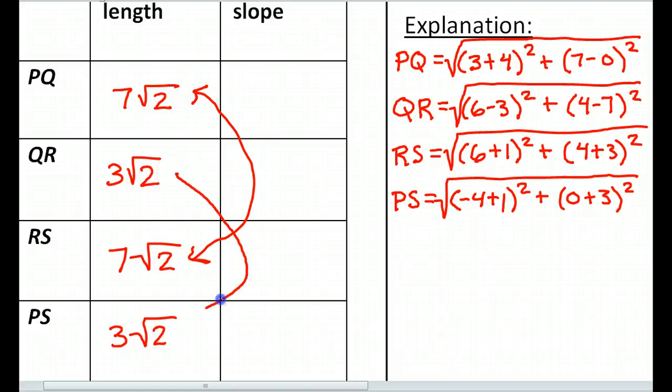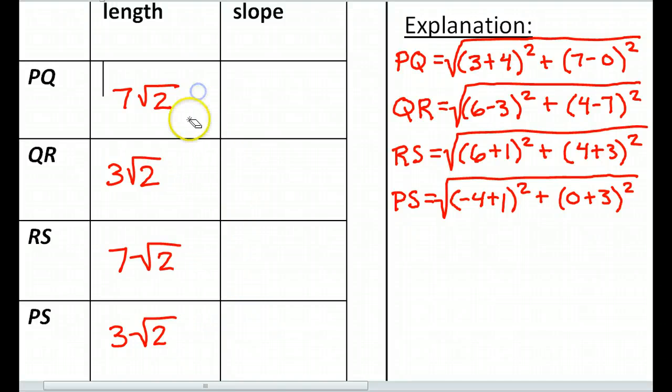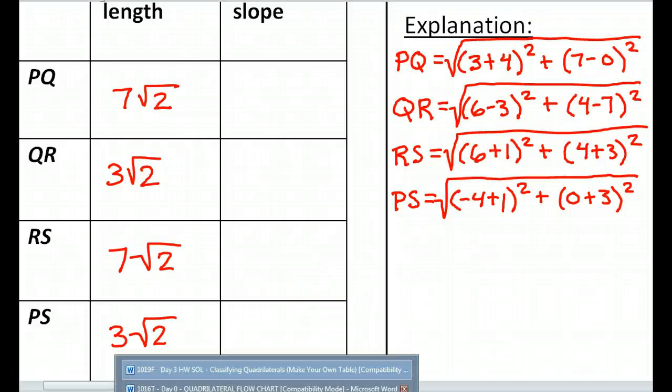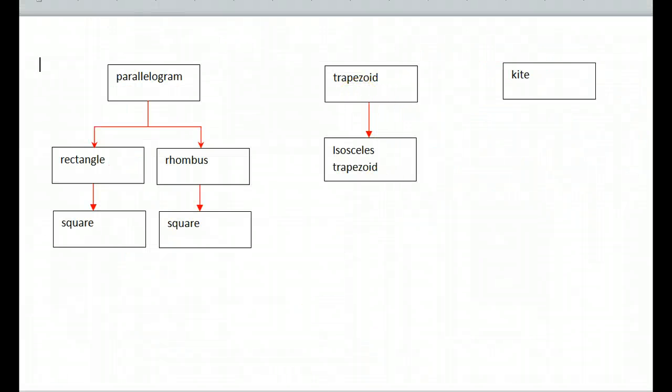Skip a row, these are opposite sides. So opposite sides are congruent. That means this is a parallelogram. Okay, so we know it's a parallelogram, fine. So that means it is definitely not a trapezoid or a kite. So we can forget about that.